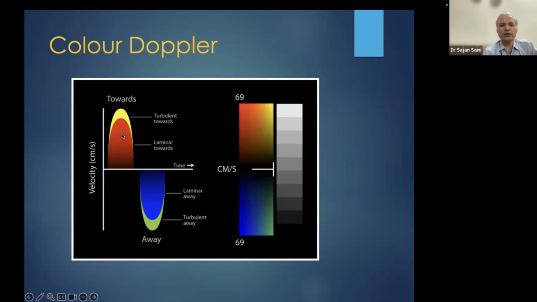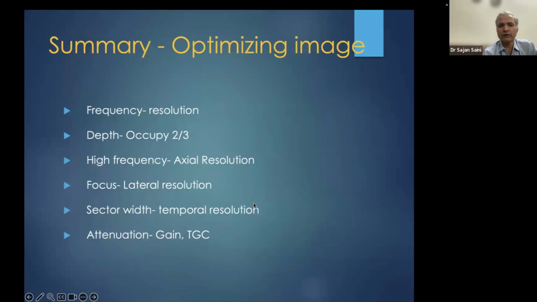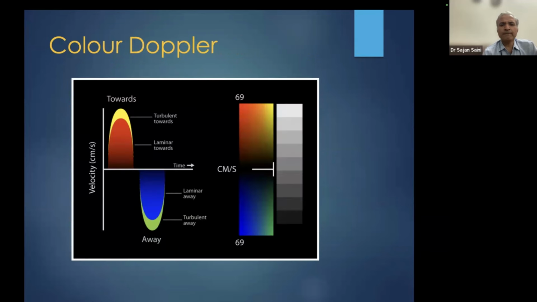The last is the color Doppler. We have known that the positive Doppler shifts are presented above the line and the negative Doppler shifts are presented below the line. Anything positive is depicted by red color, anything negative is depicted by blue color, and this is how the color Doppler is presented.